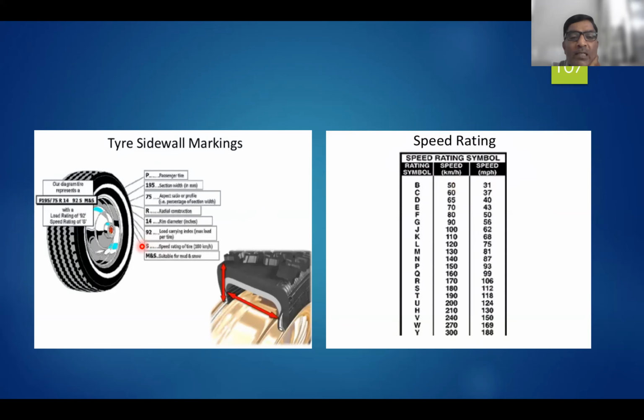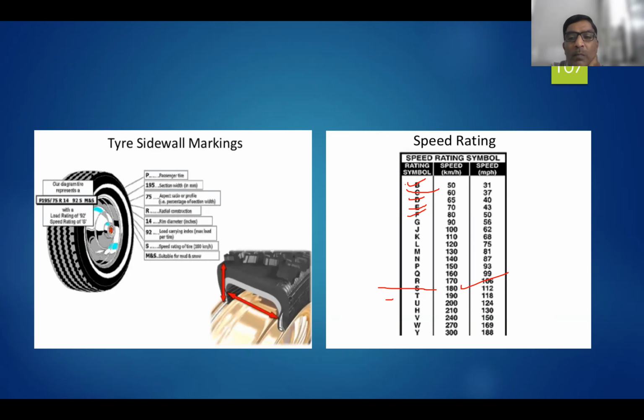As S is written, the speed rating of the tire, you can refer to this S here, this 180. So for B 50, C 60, D 65, E 70, then F 80.